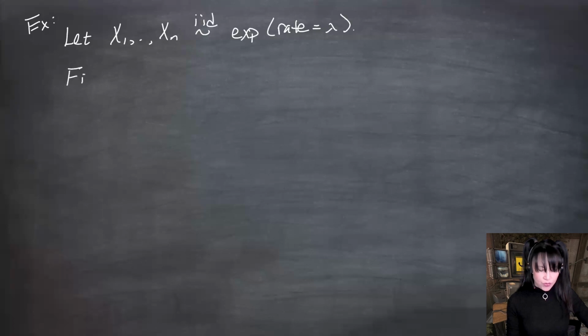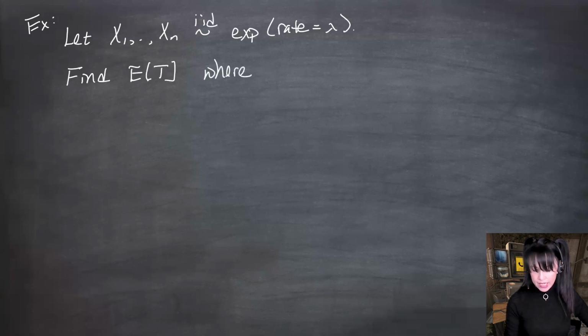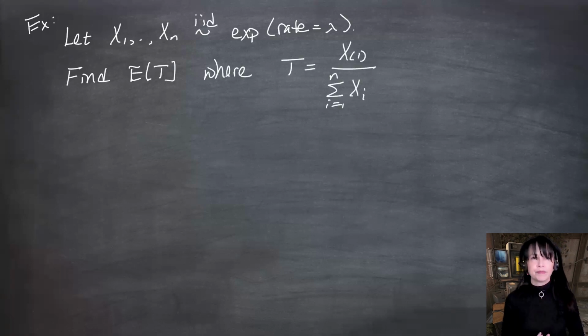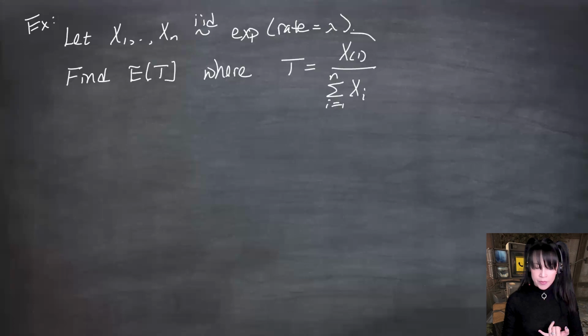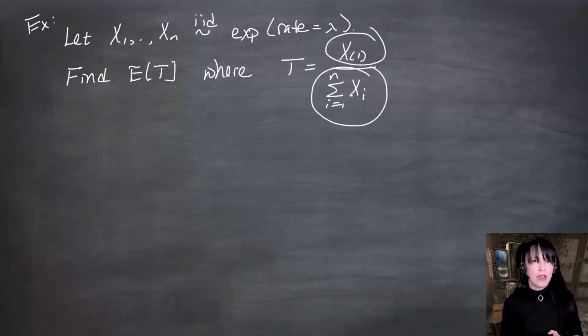I want to find the expected value of t, where t is the statistic formed by taking the minimum of the sample over the sum as i goes from 1 to n of the sample. So the expected value of this is quite difficult at first glance. Number one, the minimum is not independent of the sum.